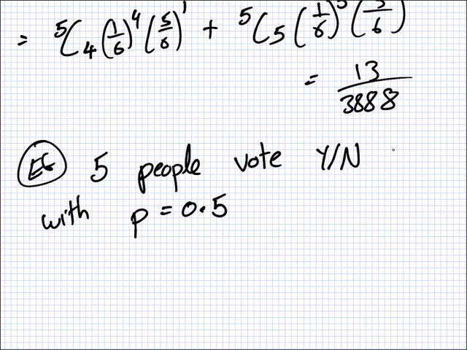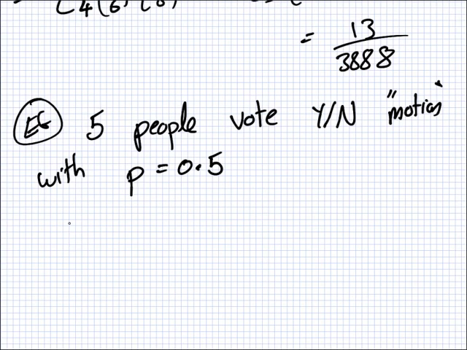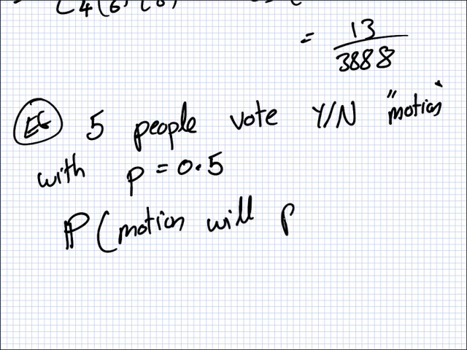So 5 people are voting yes, no on a motion with probability 0.5. And my question then is, what's the probability that the motion will pass.